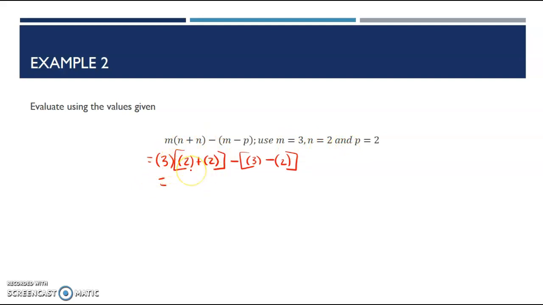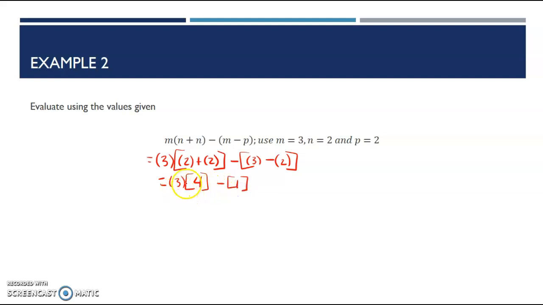From here, we use order of operations. So order of operations tells us we evaluate what's inside our grouping symbols. So the 3 is going to stay on the outside. Inside my bracket, I have 2 plus 2, which is 4. And then minus 3 minus 2. So 3 minus 2 is 1.